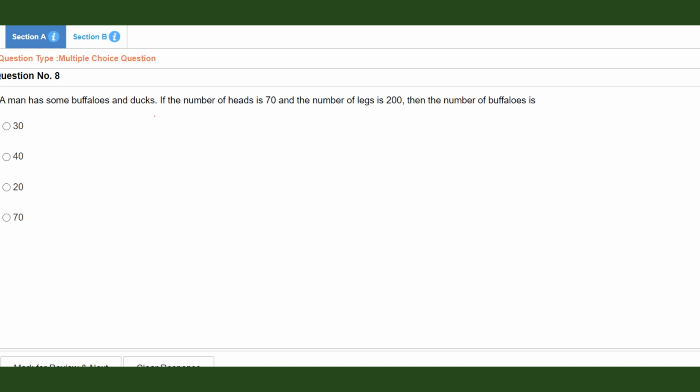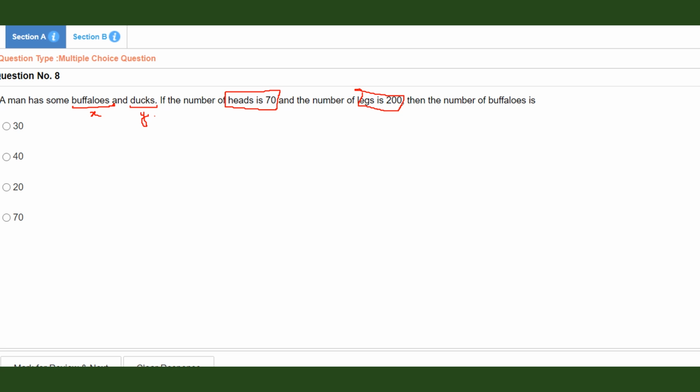Question number 8. A man has some buffaloes and ducks. If the number of heads is 70 and the number of legs is 200, then the number of buffaloes is, okay, let the buffaloes be X and the ducks be Y. And they have said the head is 70 and the legs is 200.